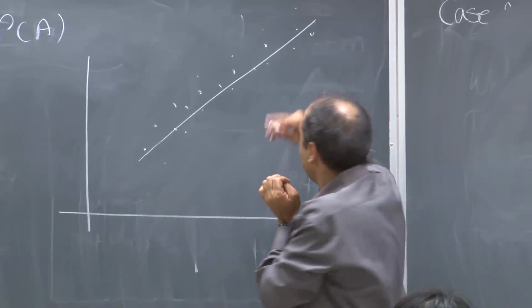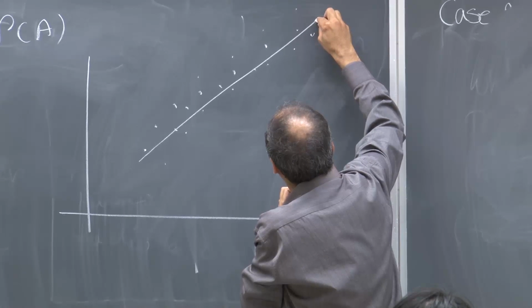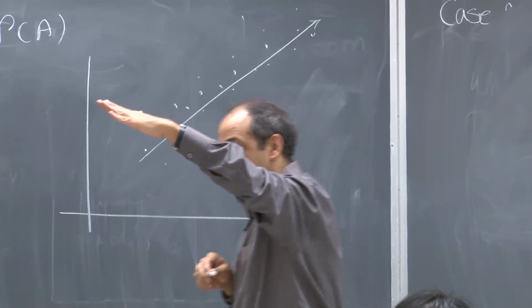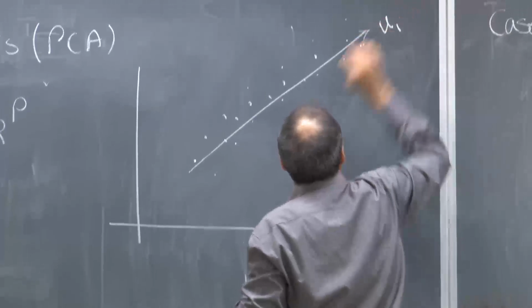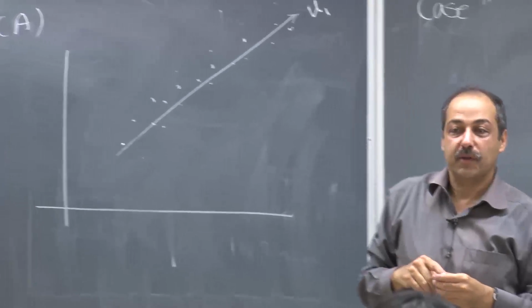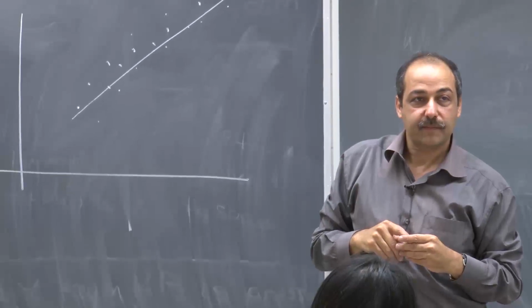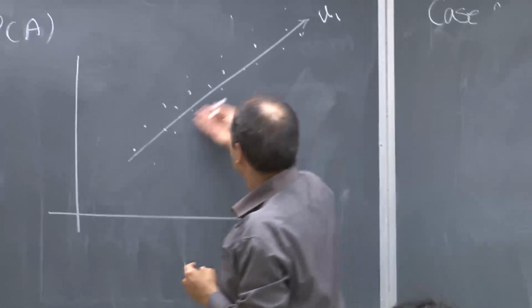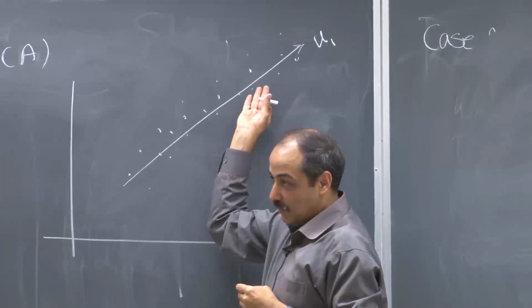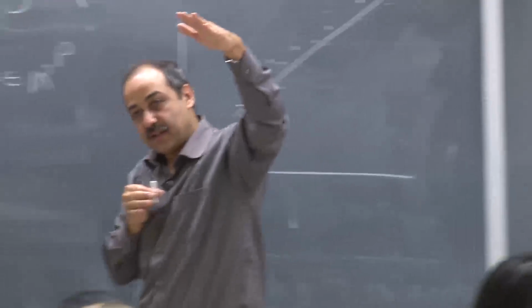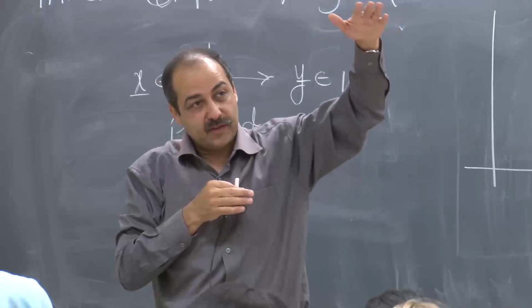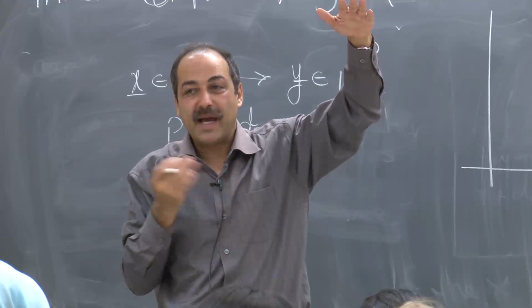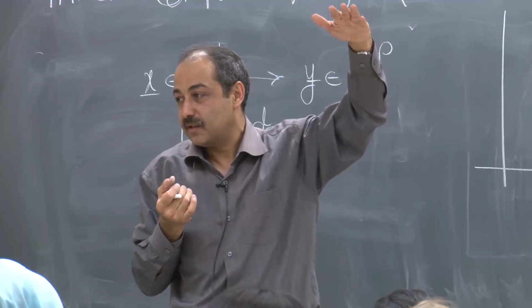And we are going to call this direction the first principal component. Technically, the first principal component is a direction in the space of data which captures the maximum variation of the data.